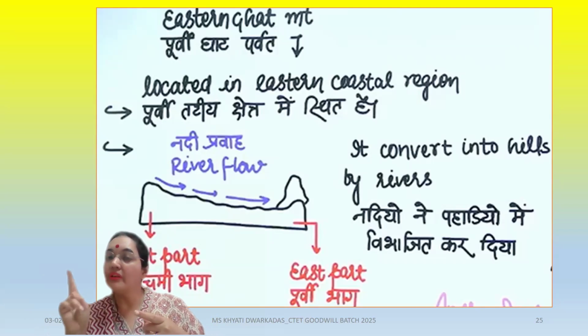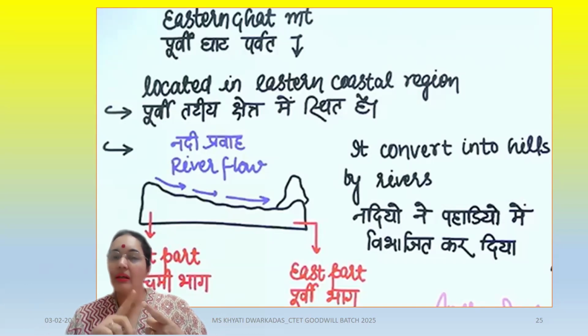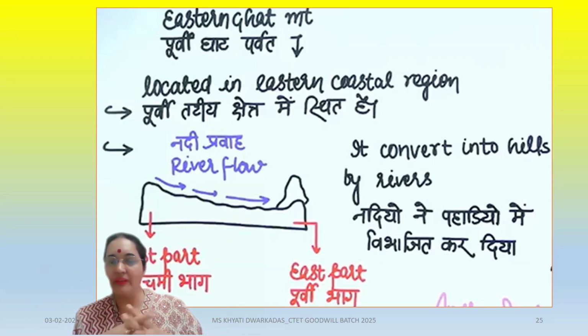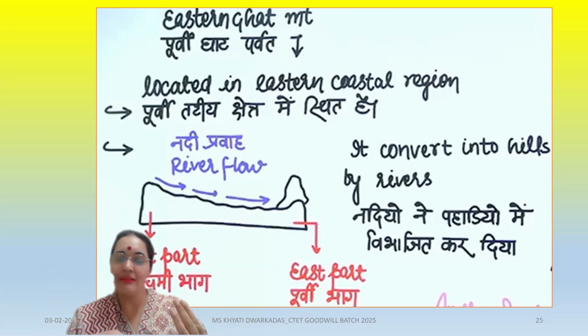And two rivers of the Deccan Plateau, or the peninsular plateau of India, which flow from east to west are Narmada and Tapi.